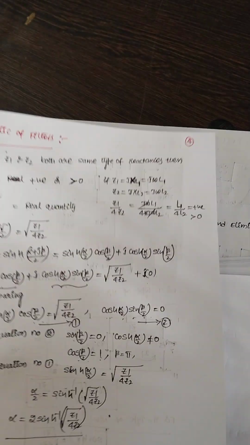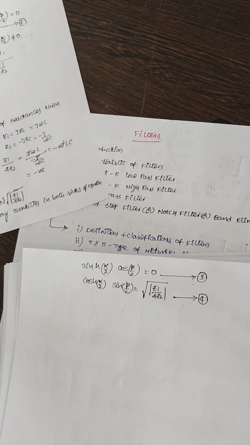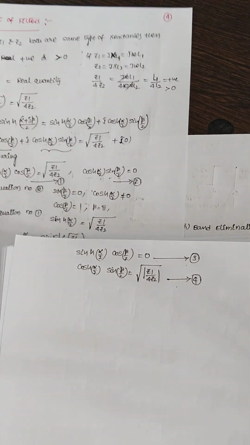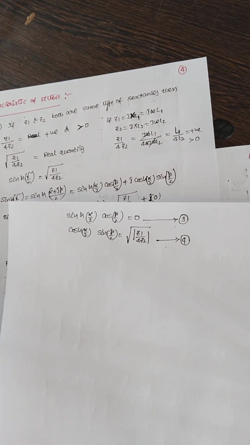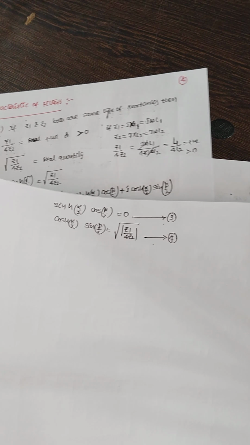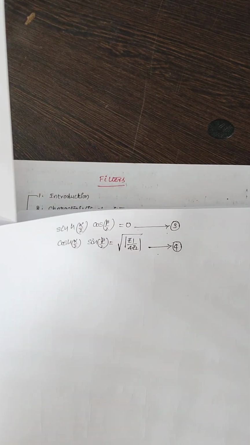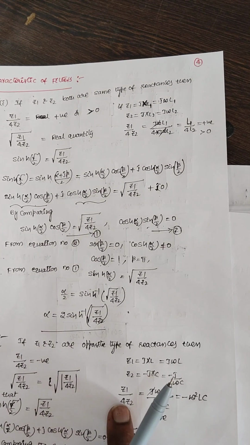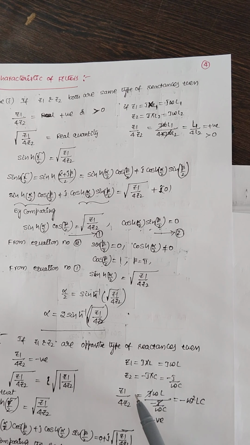I assume that there is one equation, a second equation, and these are the third and fourth equations. Next, using these two expressions, we can find the expressions for alpha and beta. So this is the case which is used to design the filters.